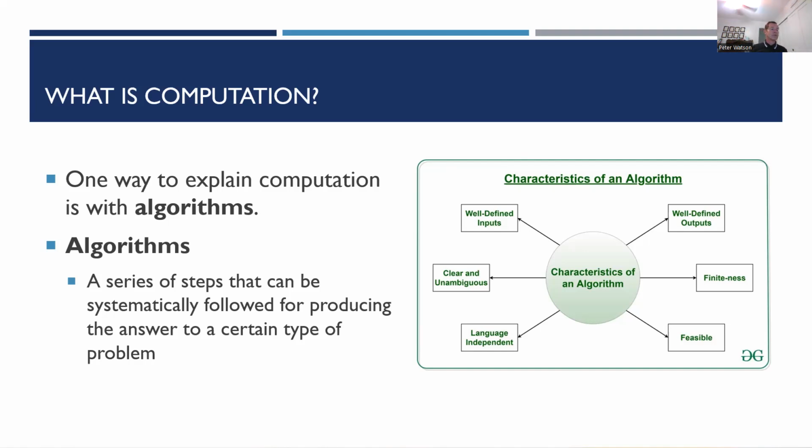Now, what are some characteristics of a good algorithm? Well, the steps should be clear. If we're talking about a computer algorithm, we should have well-defined inputs. That means what is the user going to input into the program? By the way, algorithms are not programming language dependent.